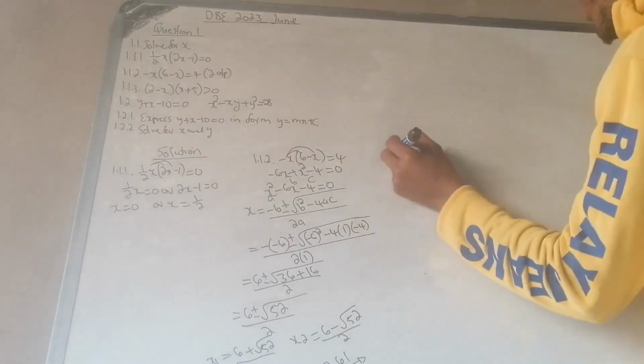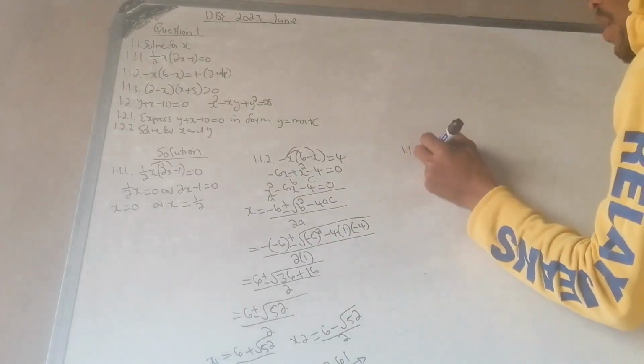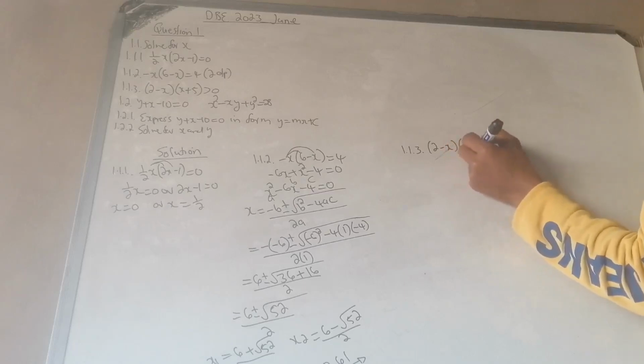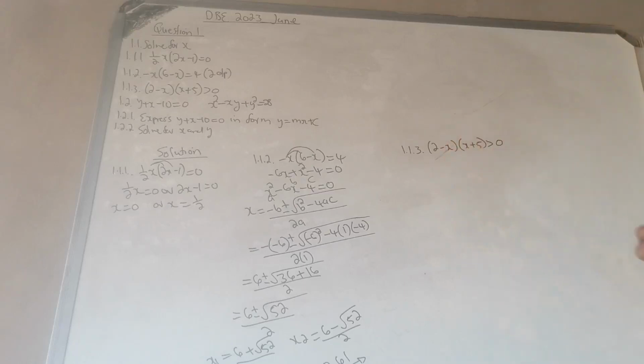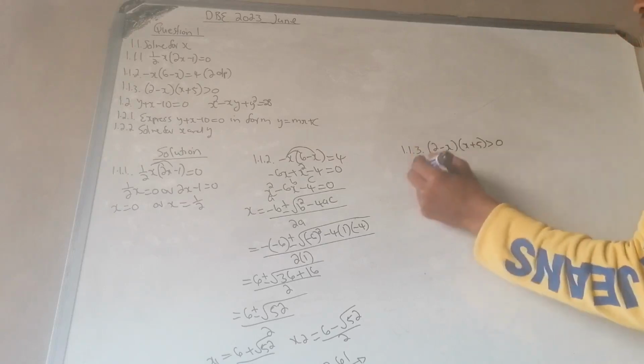We go to 1.1.3. We have 2 minus x times x plus 5 being positive. Now, because this is 0, we calculate the critical values. You equate this to 0.